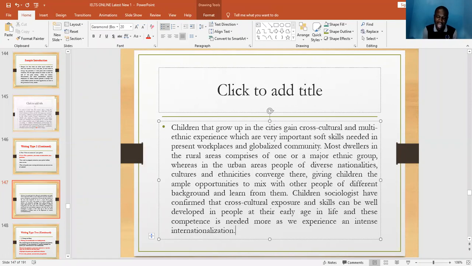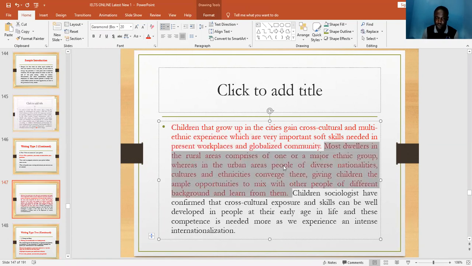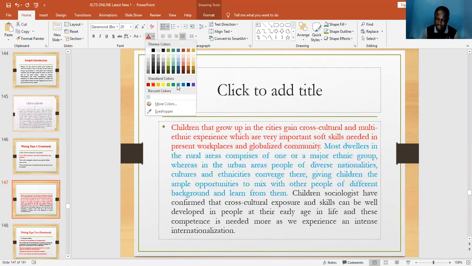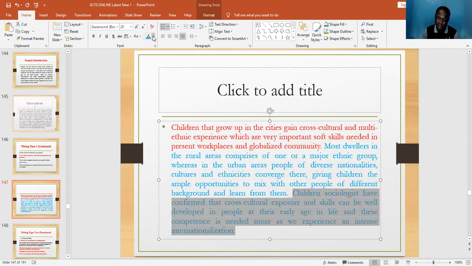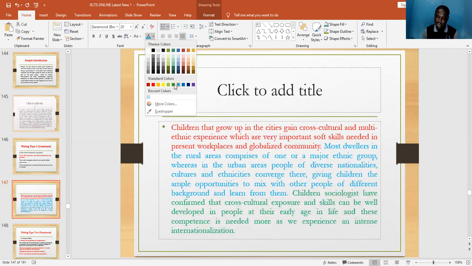So that is how to construct a paragraph. Introduce the idea, that is one. Illustrate the idea. Then validate the idea.